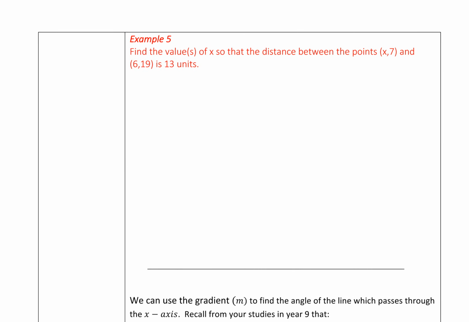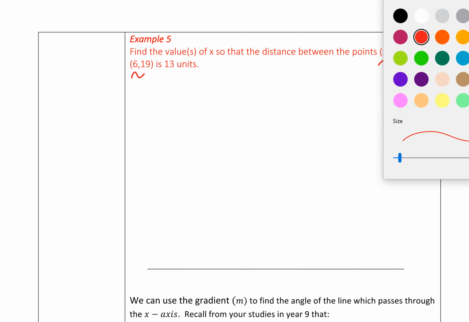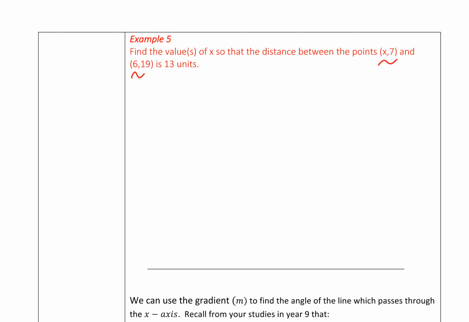For example 5, we'll make it slightly harder. It says find the value or values of x so that the distance between these 2 points is 13 units. Well, what have I got here? I've got 2 points. I need to find the value of x. Well, it's a good thing that x is one of those points.